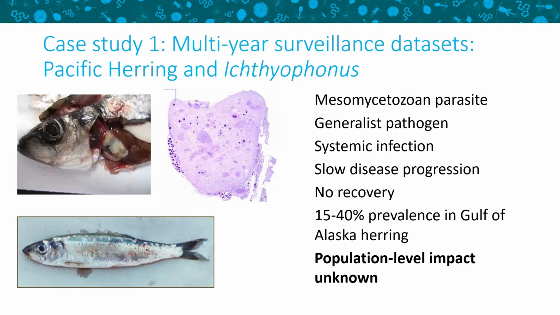So the first case study I want to present is using multi-year surveillance data. In this case, we're looking at Pacific herring, and they get these Ichthyophonus infections, which cause systemic infections, but we tend to see the highest level of infection in the heart, and you can see the histology here.